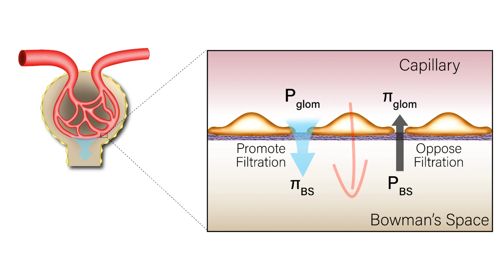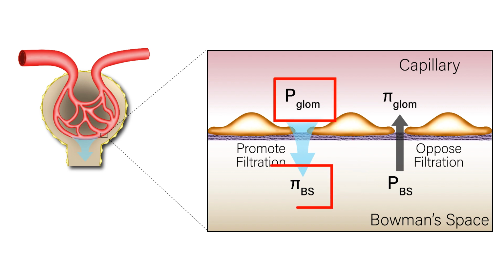These pressure components are the glomerular hydrostatic pressure and the oncotic pressure within Bowman's space. Again, because that oncotic pressure within Bowman's space is usually negligible, it is the glomerular hydrostatic pressure which tends to be the main driving force for the movement of fluid from the capillary beds into Bowman's space.